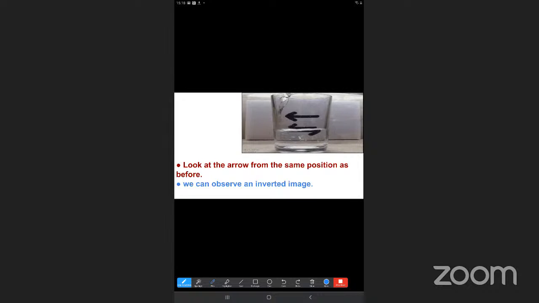When we pour the water inside the glass, we observe an inverted image. But when the glass is empty, we observe a diminished image of the arrow. But when we fill this glass with water, we observe an inverted image. You can do this activity at your home and observe this.